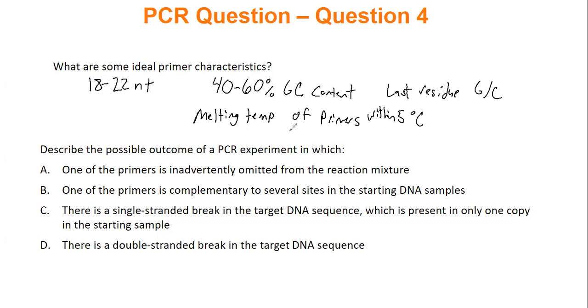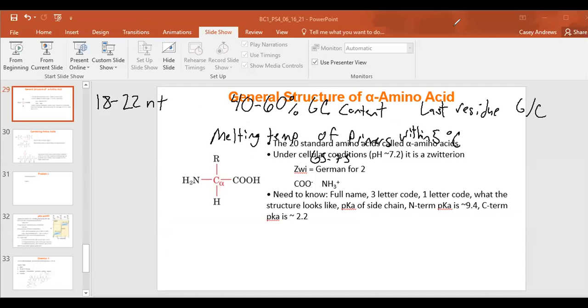And you want their melting temperatures to be like 65 to 75, somewhere around there. Let me just double check that I got that temperature right, because I'm doing that off the top of my head here. Let me just quickly check my notes. Yep, 65 to 75 melting temperature.